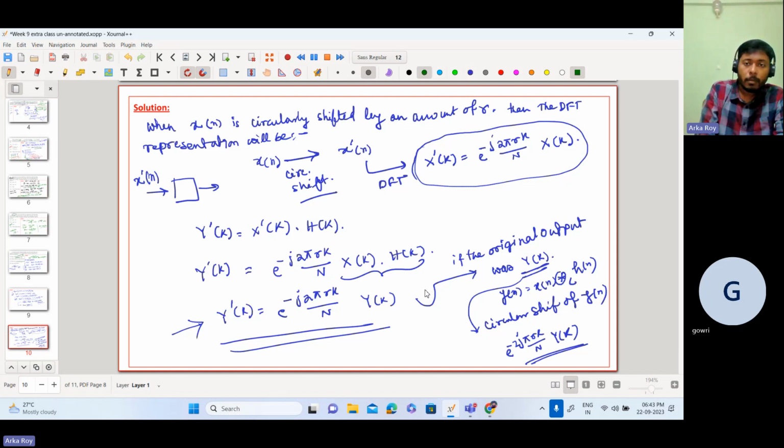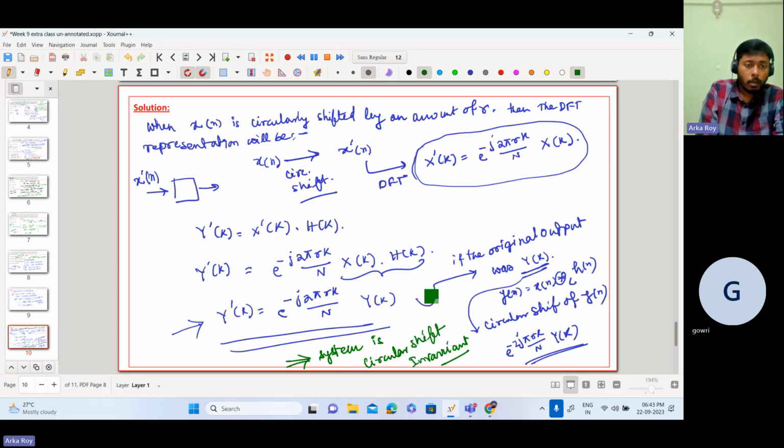So the system is circular shift invariant.